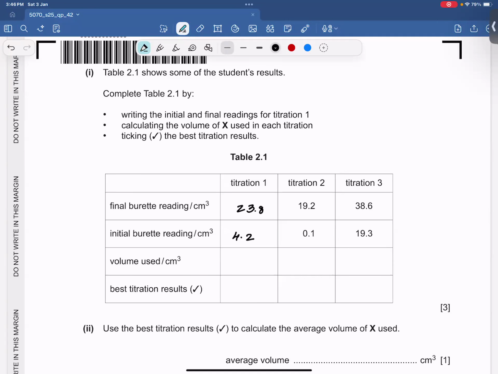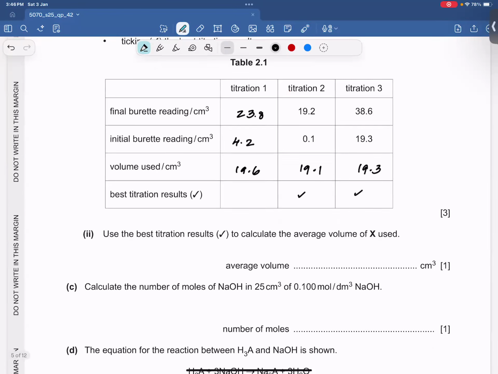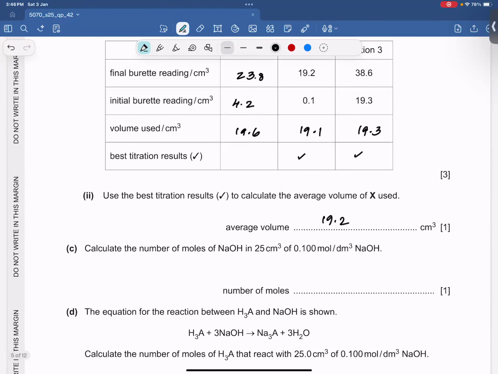The difference of these values is going to be 19.6, then 19.1, and then 19.3. And the best titrations are obviously 19.1 and 19.3. And so you will get the average volume of 19.2 cm3. So that's the average volume.